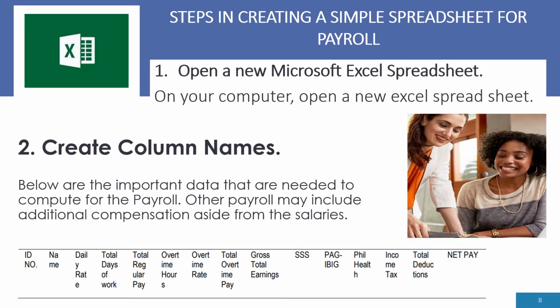Also note that on the deduction side, the examples given are all mandatory, meaning they are prescribed by the government. The allowable deductions can also include other company deductions such as loans or cash advance. So that's it.